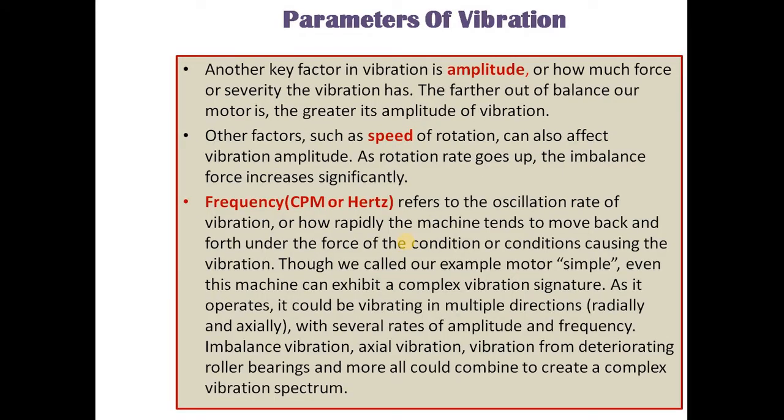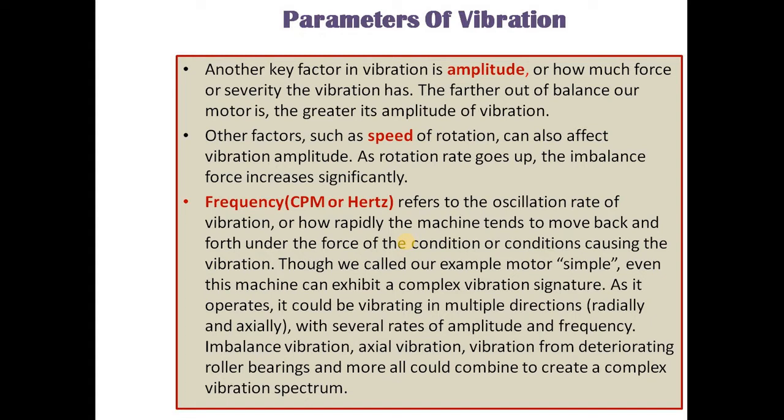Parameter of vibration. There are three factors in vibration. One is amplitude, the second one is called speed, and the third one is called frequency. Amplitude means the vibration, how much distance it is taking place, the peak to peak.